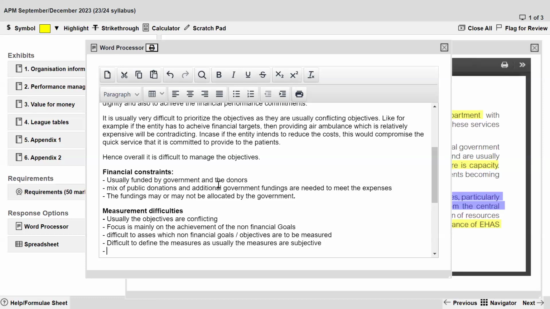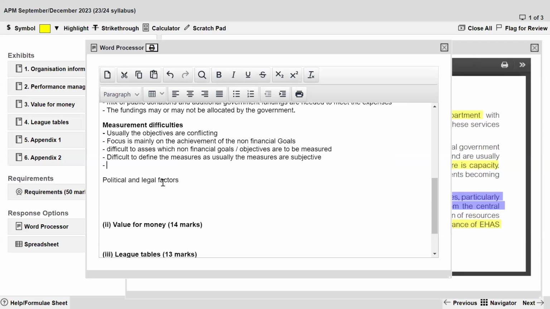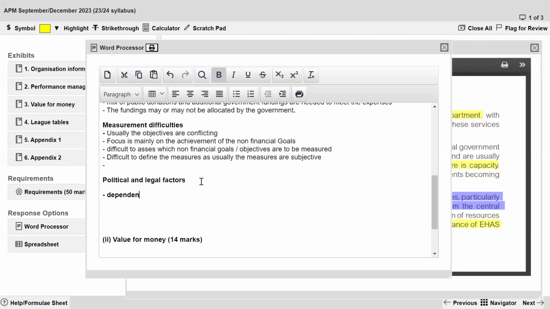Now, so basically, this is something that happens with respect to the measurement difficulties, and then the political and the legal factors. So the dependency is on the government. The change of government impacts the motives and the spendings.